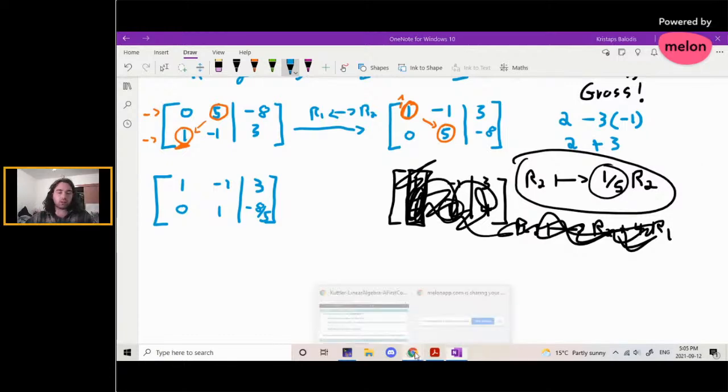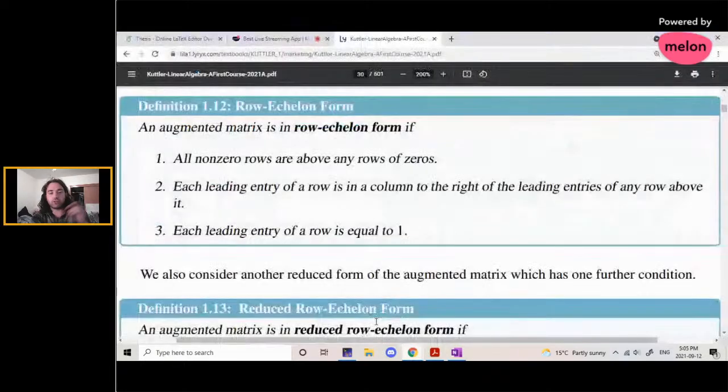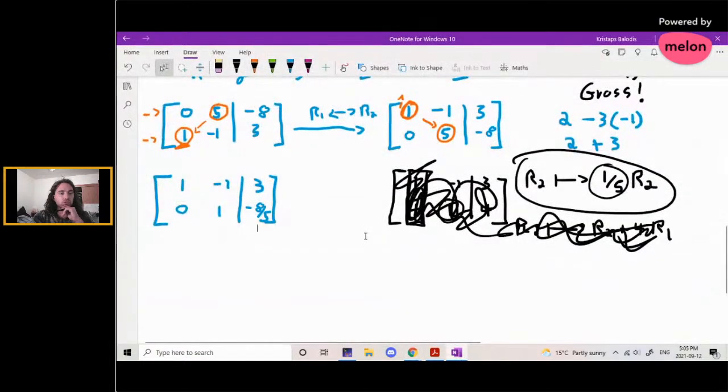So let's go back and check our definition of what it means for a matrix to be in row echelon form. All non-zero rows. Okay, well, I think by this point you probably know what the definitions are, right? All the non-zero rows have to be above all the rows that are all equal to 0. And yeah, we don't have any rows that are all equal to 0. So done.